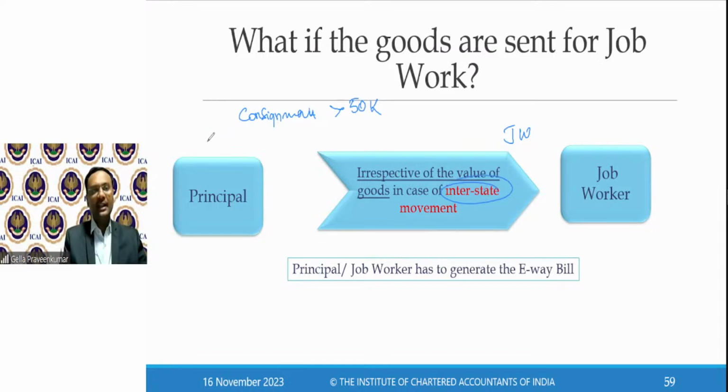Assuming for a moment, the principal is in the state of Tamil Nadu. The job worker is in the state of Maharashtra.